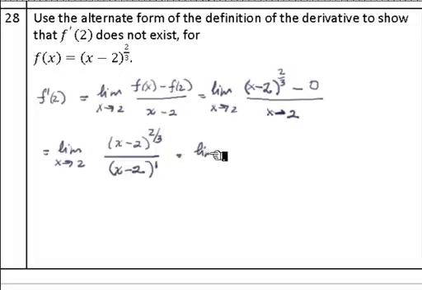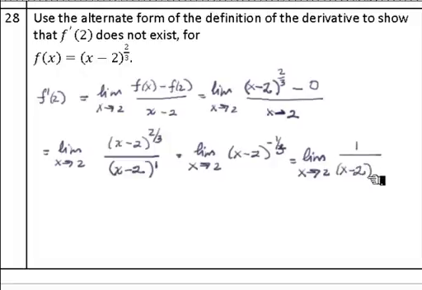And we have the limit as x goes to 2 of x minus 2 to the minus 1/3. We're just putting that in the denominator. We have 1 over x minus 2 to the 1/3. So you see that the denominator is going to 0.